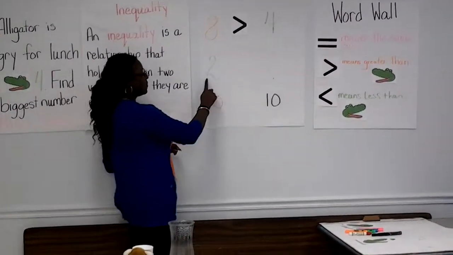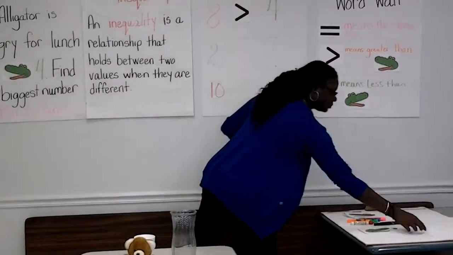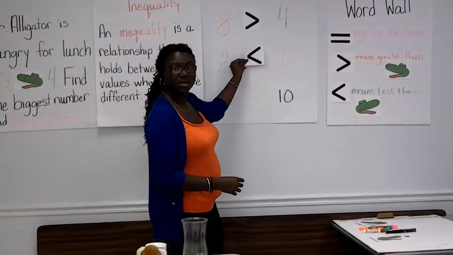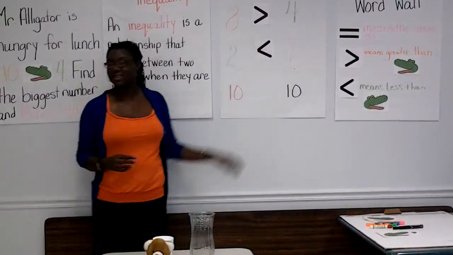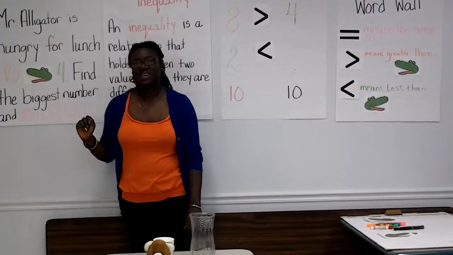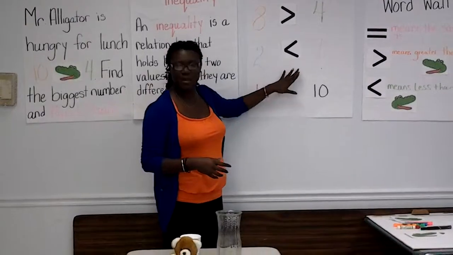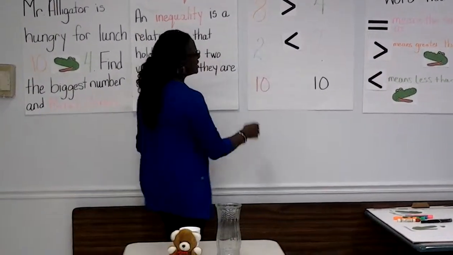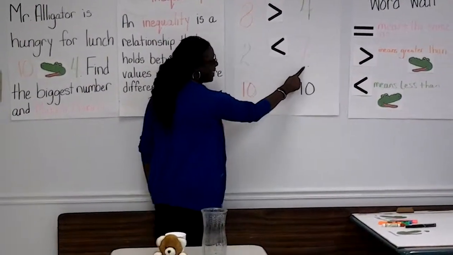Would it face this way, or would it face that way? Because it's eating the number 7. Yes, the alligator is eating the number 7. And remember, we always go to the bigger number. So the sentence would be 2 is less than 7.